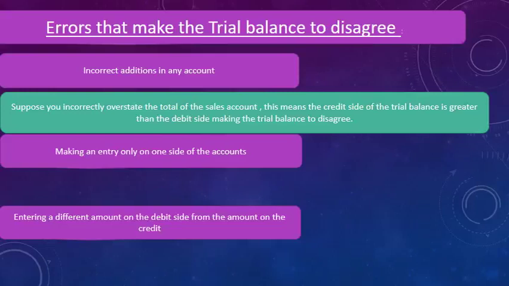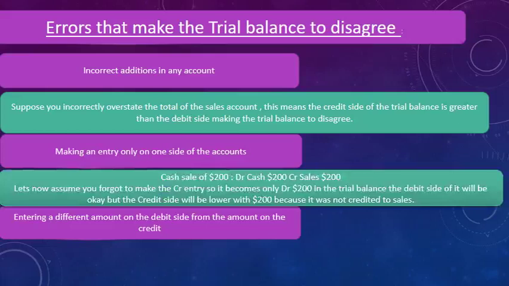Let's go next to making an entry only on one side of the accounts. So let's assume you made a cash sale of $200, right? The correct entry you're supposed to make is to debit cash $200 and credit sales $200. That's the correct entries you are supposed to make.